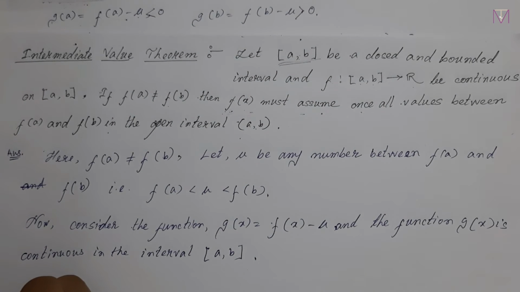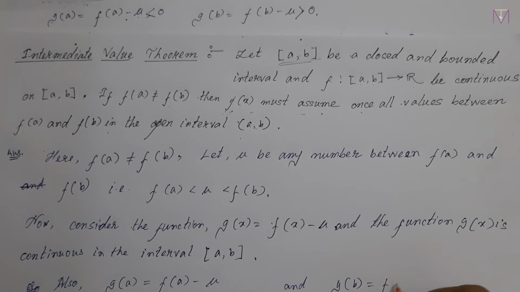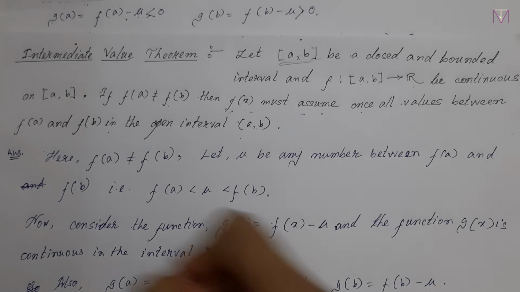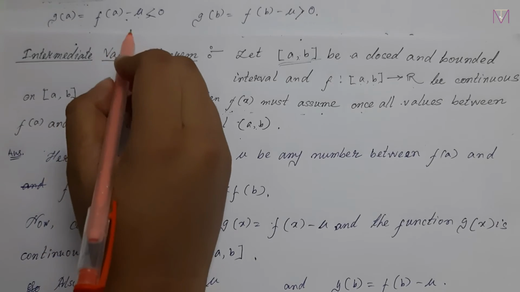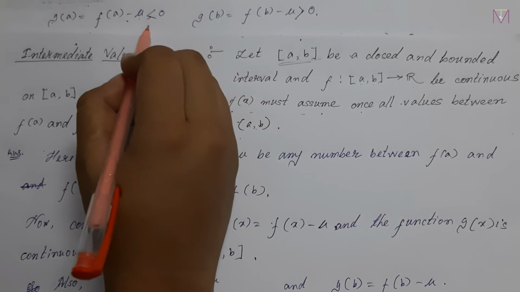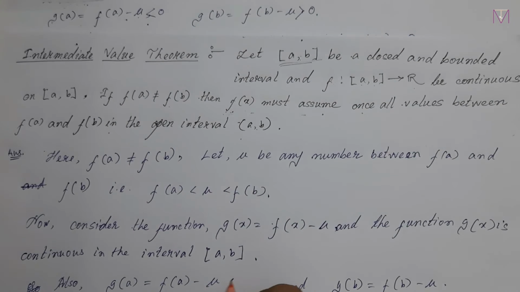Now g(a) equals f(a) minus mu and g(b) equals f(b) minus mu. It was less than 0 and it was greater than 0.